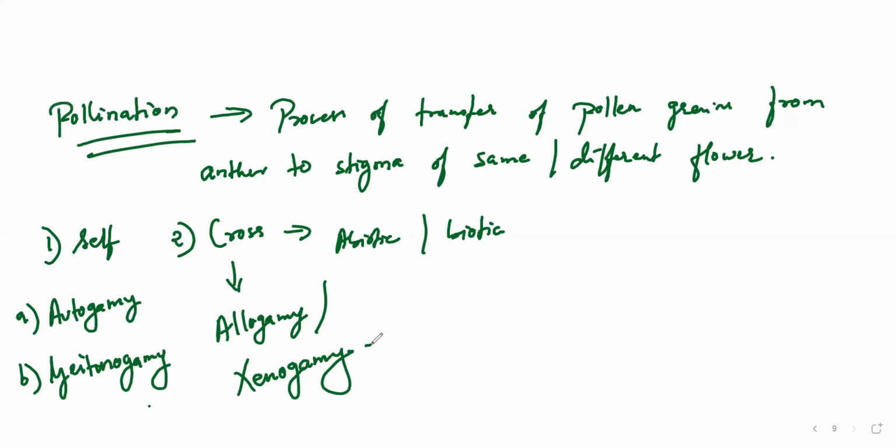In self-pollination, only a single plant is involved. But in cross-pollination, cross means that two different plants are involved, so the pollen grain from one plant reaches the other plant for pollination. Let's see this in detail.